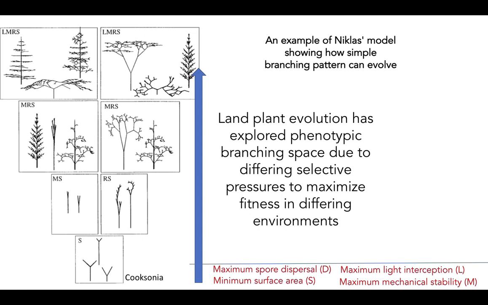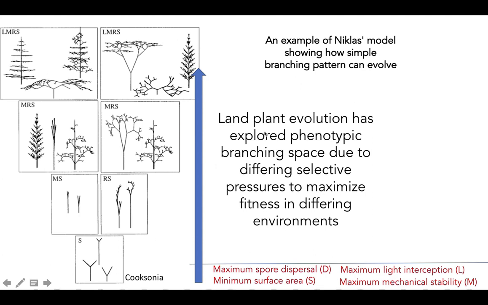Now we can take this example of this very simple computer model, this Niklas example, showing how simple branching patterns and selection, depending on the environment, for either one, two, or maybe even four or more tasks can lead to an enormous diversity of phenotypes.